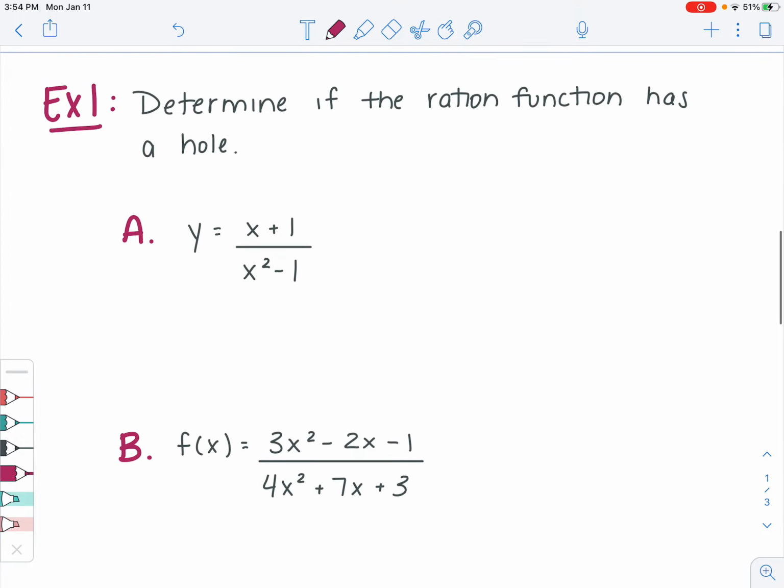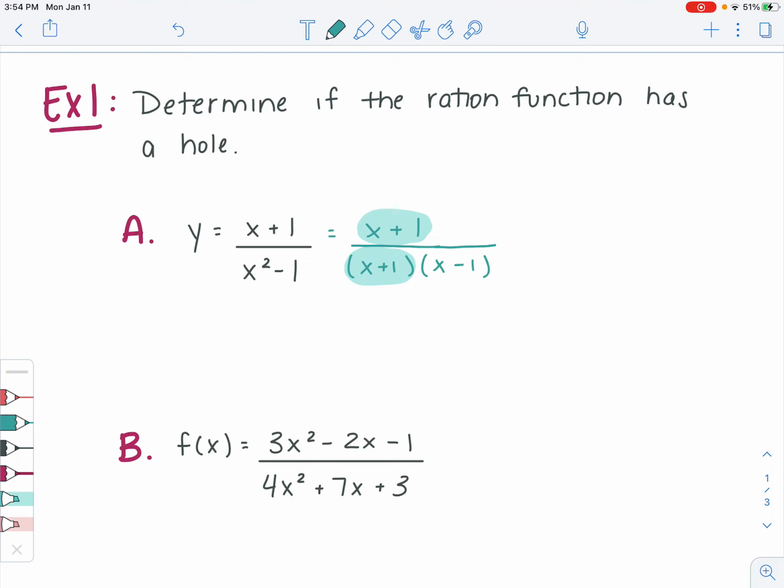If we look at the first one, A, it wants us to take y equals x plus 1 over x squared minus 1 and see if it has a hole. So the first thing we need to do is factor it. The numerator, I know there's nothing I can do, but in the denominator I see a difference of perfect squares, so I can make it x plus 1, x minus 1, and I see right away that I have an x plus 1 in the numerator and the denominator.